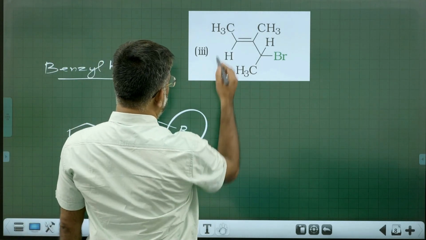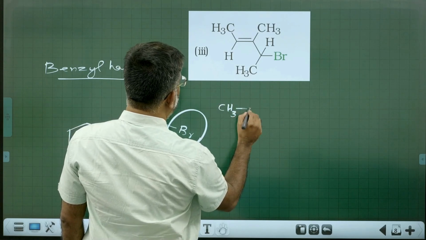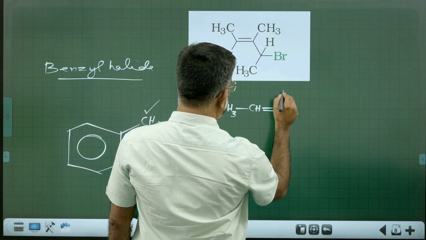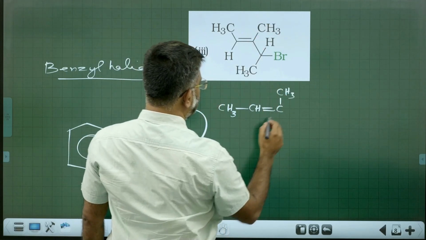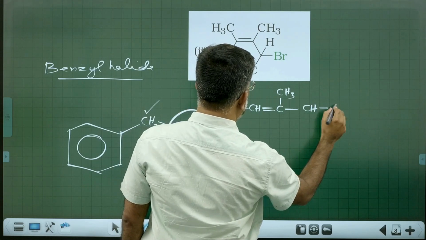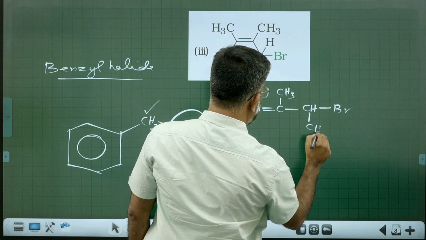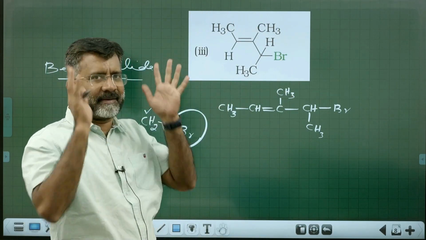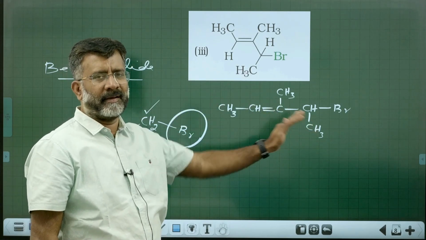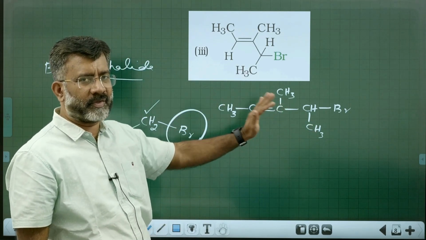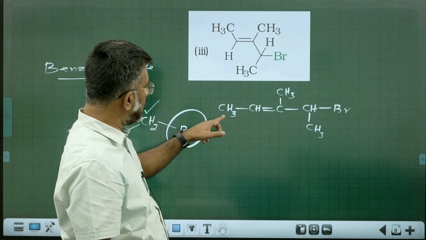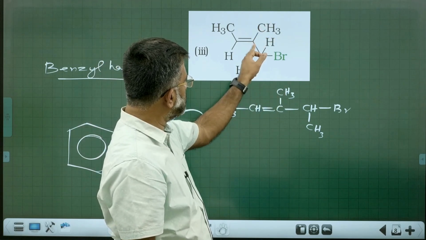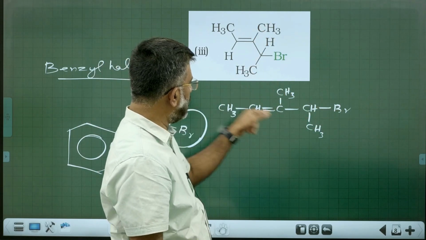You can do it like this: CH3, CH double bond C, CH3, single bond, CHBr, CH3. If the molecule is drawn to create some confusion, put it in the condensed format which we are generally familiar with: CH3, CH, double bond, C(CH3), single bond, CHBr, CH3.